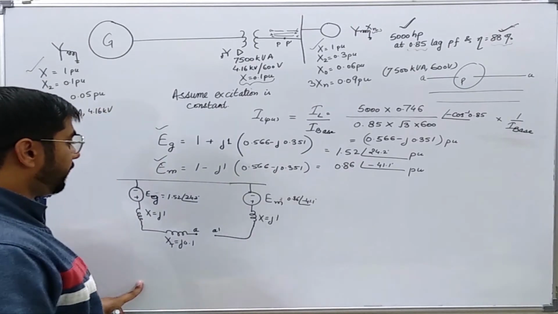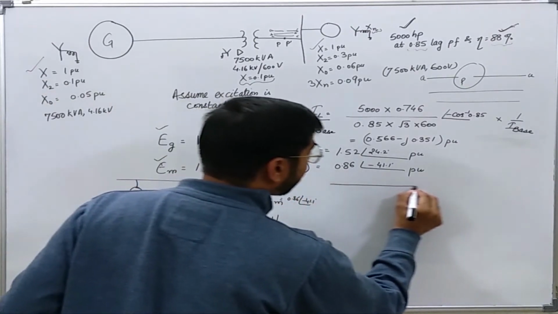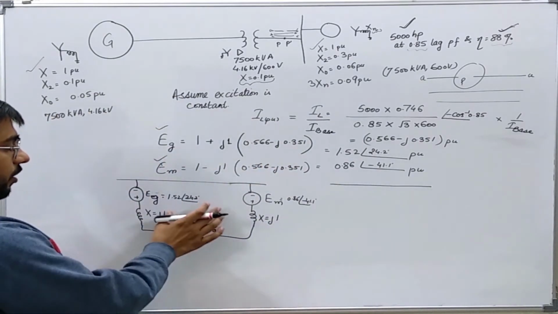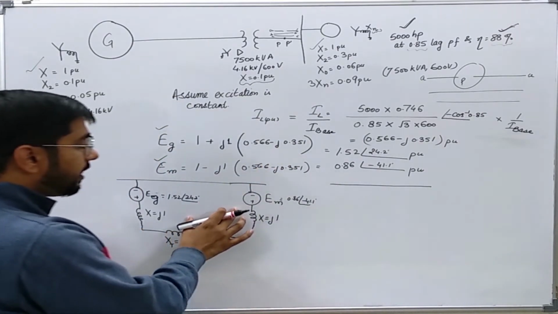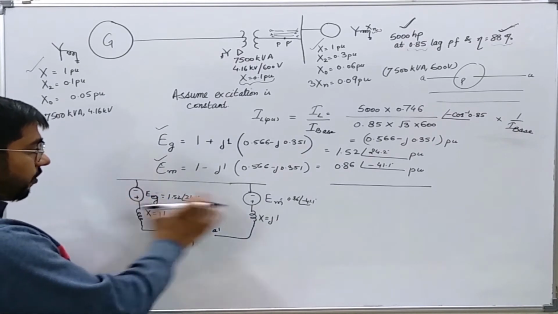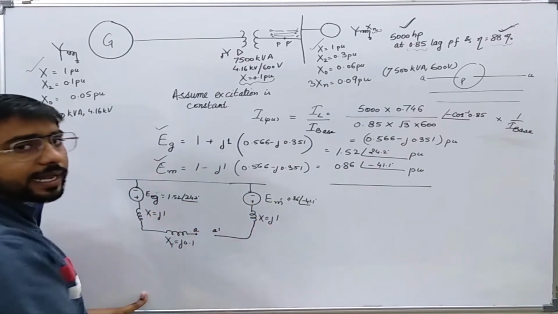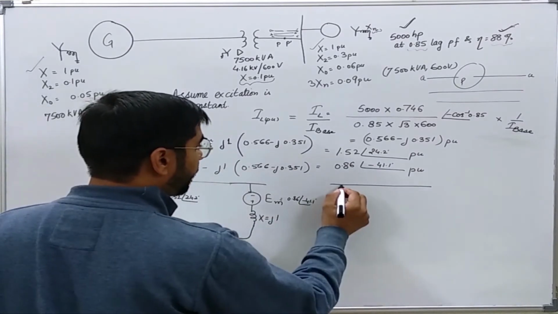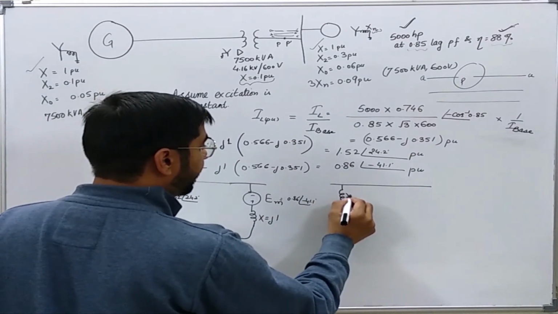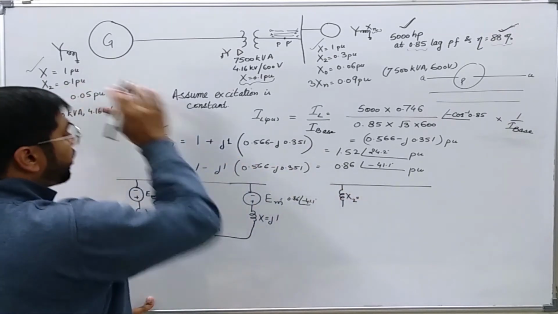Okay, now let us draw the negative sequence network. It will be similar to the positive sequence network, just the difference will be we will short these voltage sources and convert these values of reactances to the negative sequence reactance values. So it is X2 equal to J 0.1 per unit.